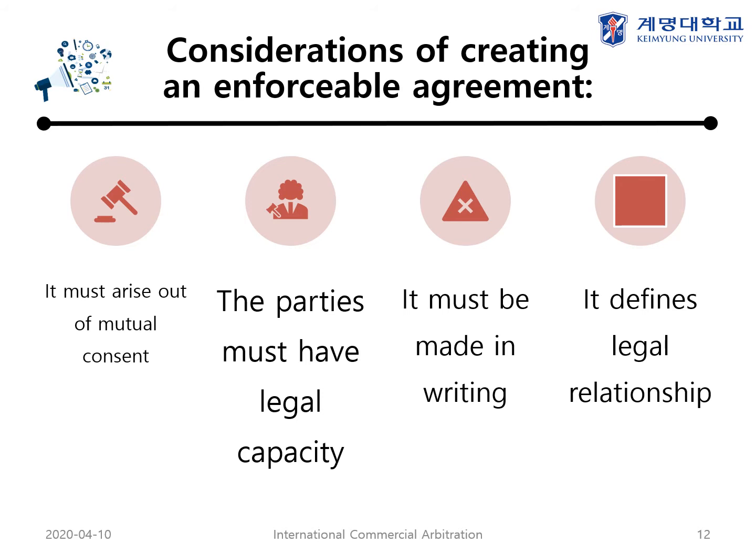And here are some of the considerations of implementing an enforceable agreement. First, it must arise out of mutual consent, meaning in order to be valid and enforceable, the arbitration agreement must be agreed upon by both parties. Secondly, the parties must have legal capacity.